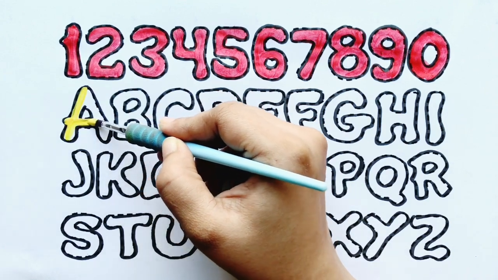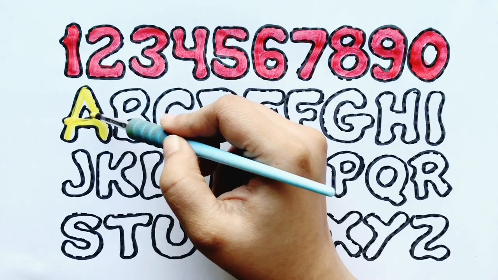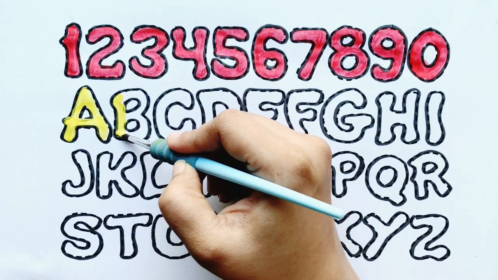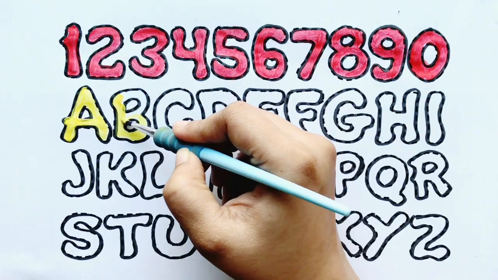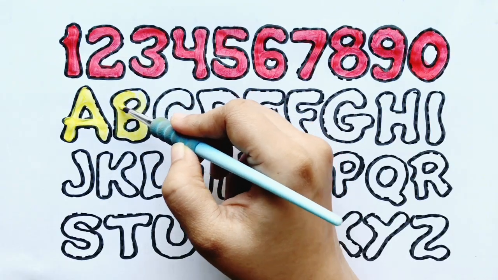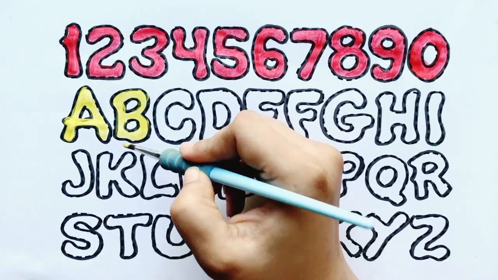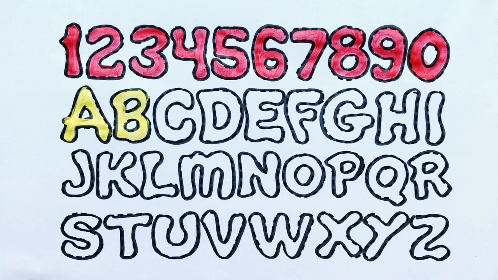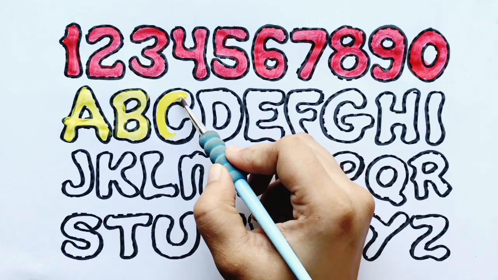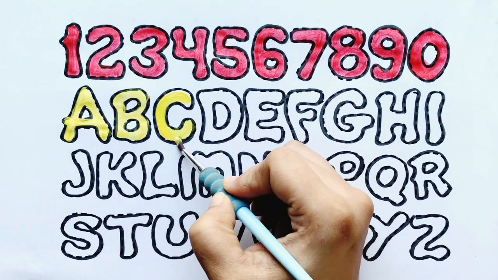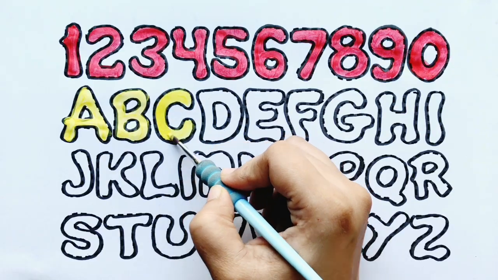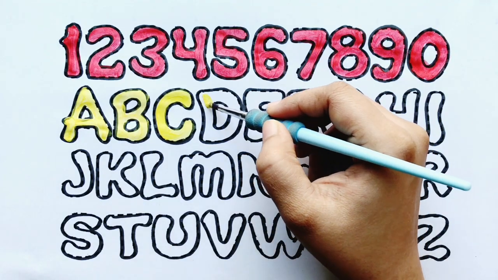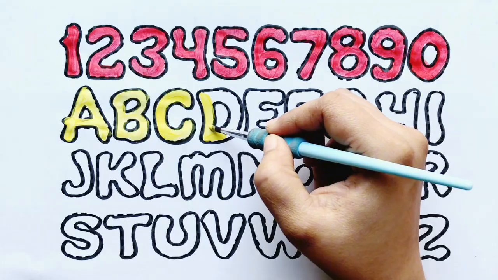Yellow color. Uppercase letter A. A for apple. B for bat. C for cow. D for donkey.